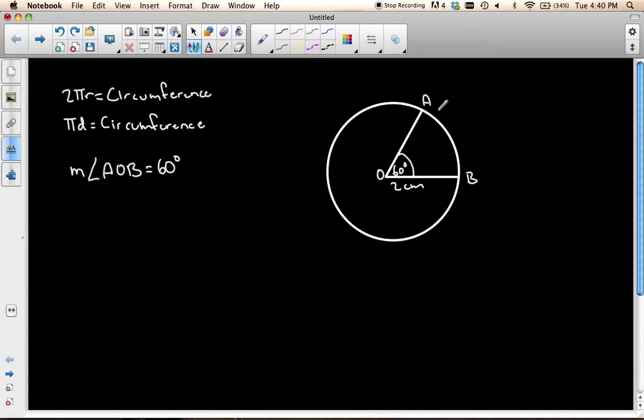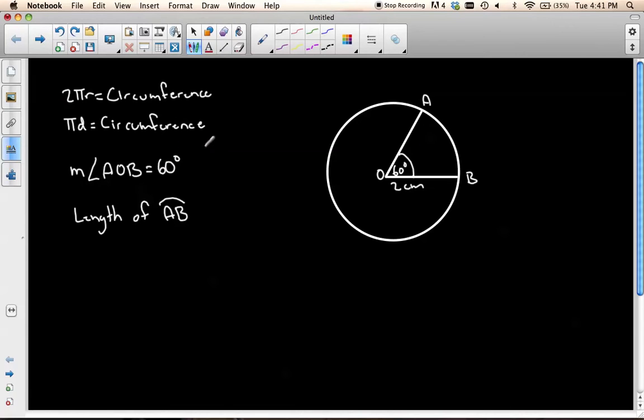Now, we want to find out the measure, or the length, let's go with the length, of arc AB. And remember, this is how we write arc AB. Okay? So how do we figure this out?